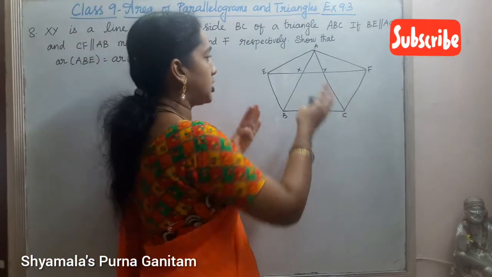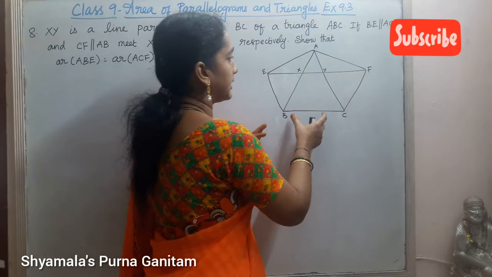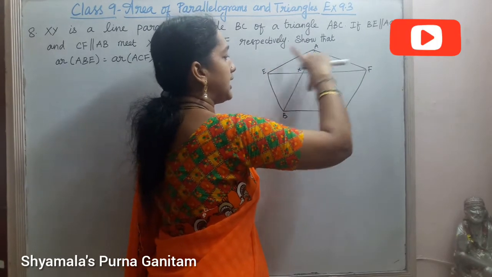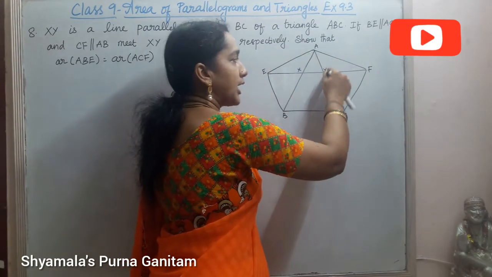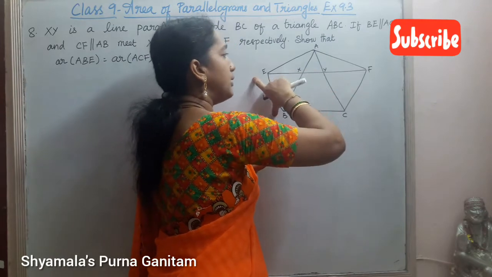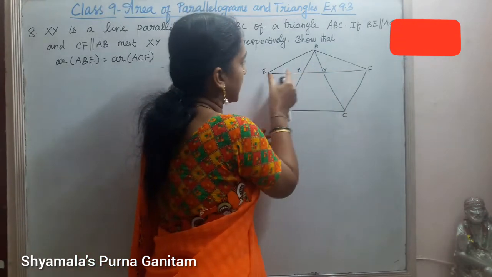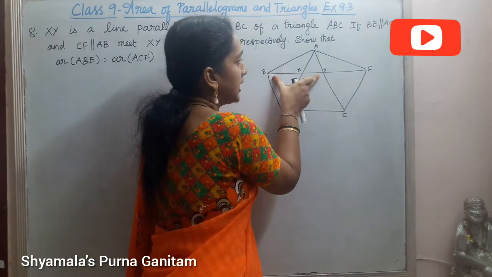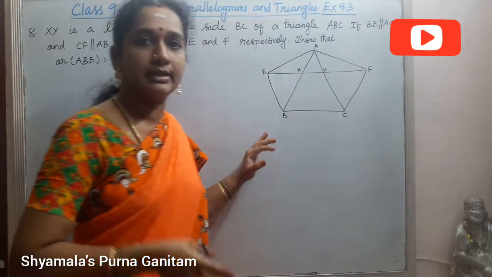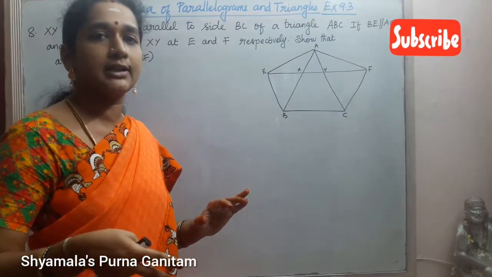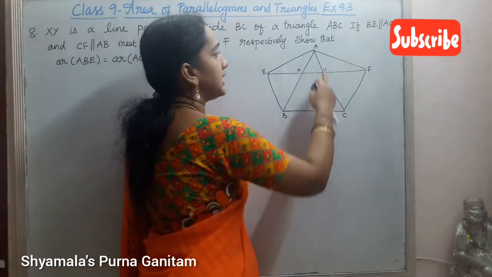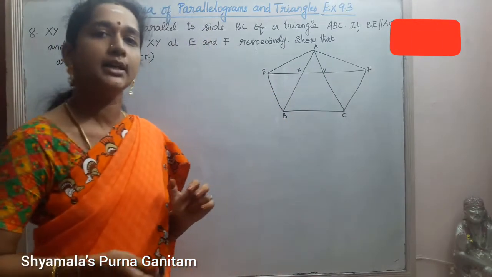The same condition applies for the other side: it is given BE is parallel to AC, Y is on AC, so BE is parallel to CY, one pair. The same way XY is extended to E, so EY is parallel to BC. So two pairs of opposite sides are parallel, so BCYE forms a parallelogram.